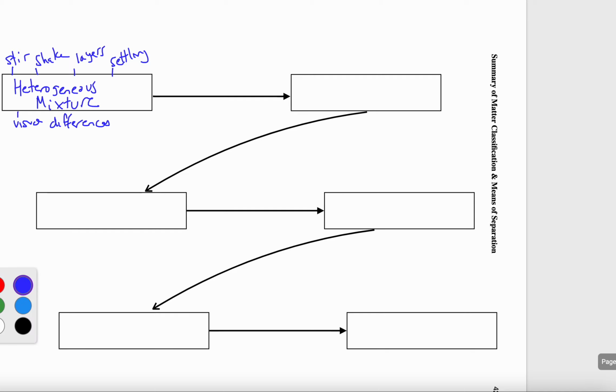Heterogeneous mixtures can be put through a physical separation to separate out these components and to create a sample of matter that is more homogeneous.